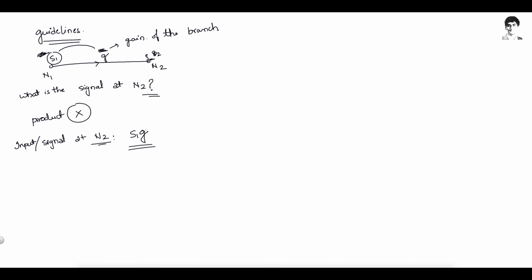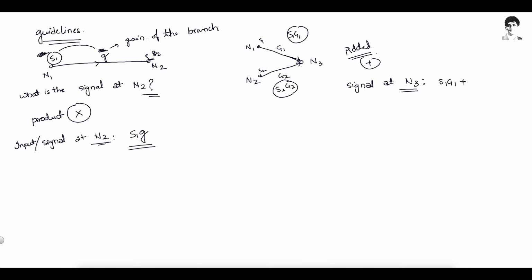So basically at N2, you will have S1G. Similarly, when there are two nodes coming into one node, you just have to multiply the signals, which is S1G1 and S2G2, and then add them up to get the signal at the node N3. The same thing you can do for branches.